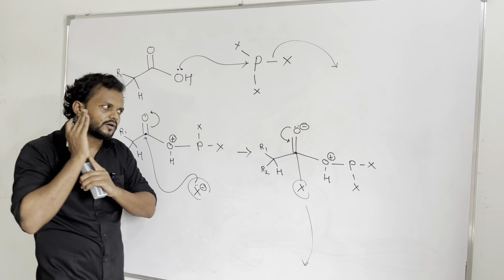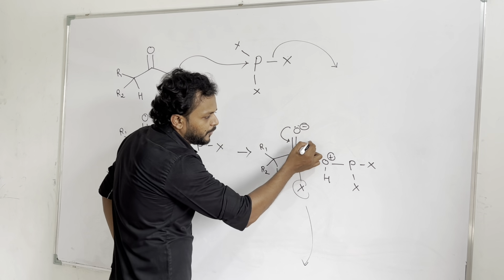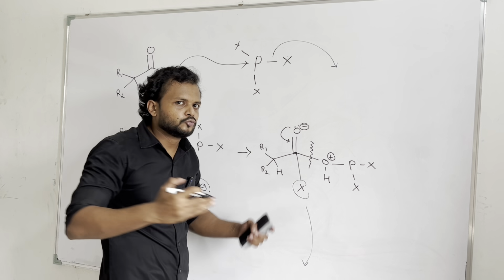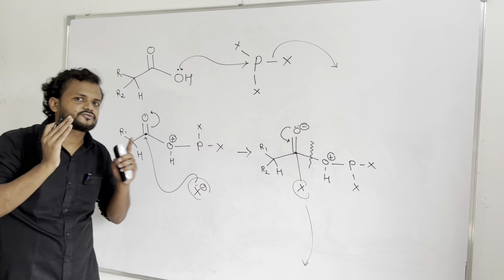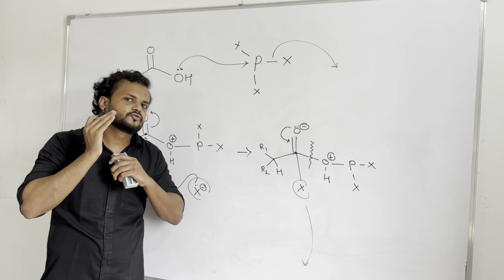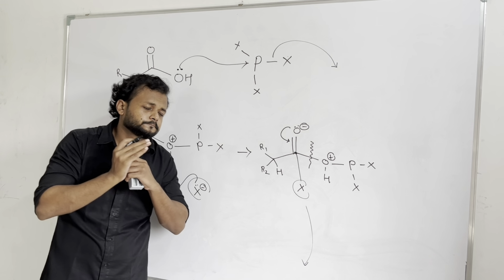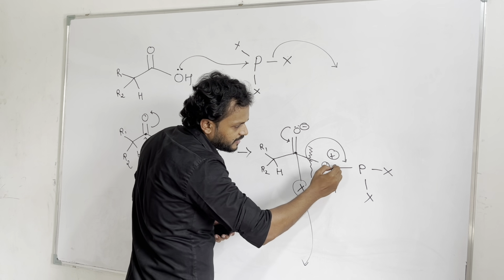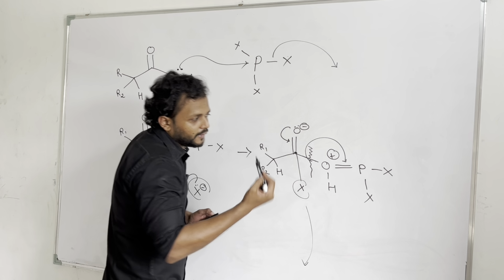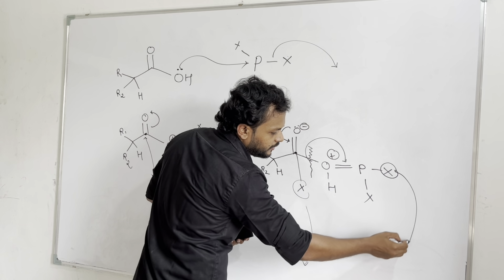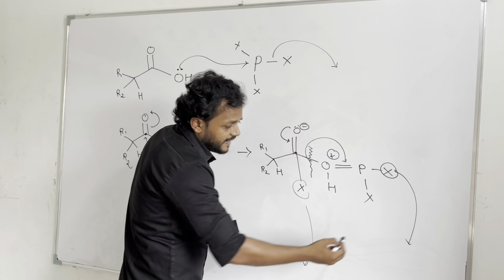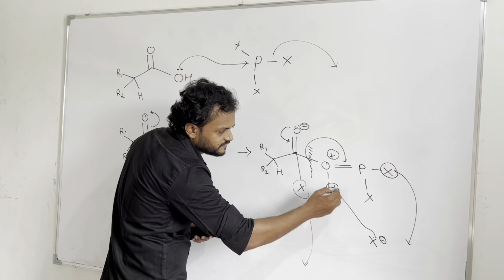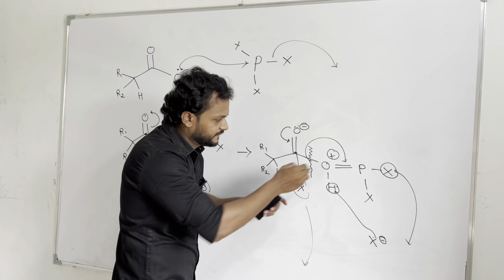To drive this reaction forward, now this carbon-oxygen bond is going to break instead of this halogen bond. Yes, halogen is a good leaving group, but to drive this reaction forward, that oxygen is going to break that bond. And now this bond is going to shift between oxygen and phosphorus. So again one of the halogens is going to leave, and that halogen will take a proton from this oxygen for stability of this oxygen.